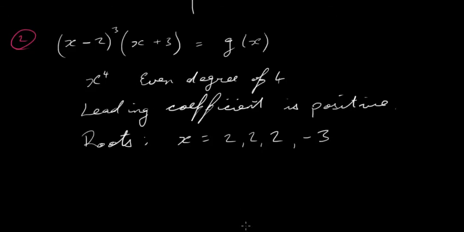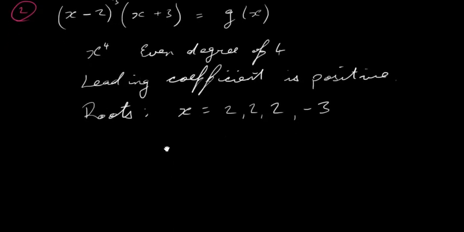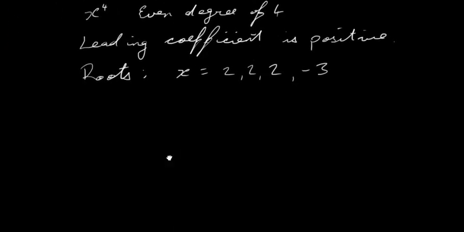Okay, so this is all the information we need really to sketch our graph. Remember, we're not drawing these graphs accurately, we're just sketching them. So let's have a look at this one. Again, we'll do our y-axis and an x-axis.